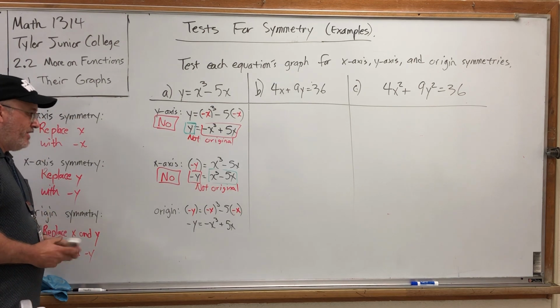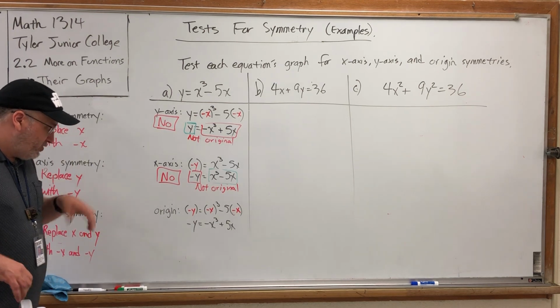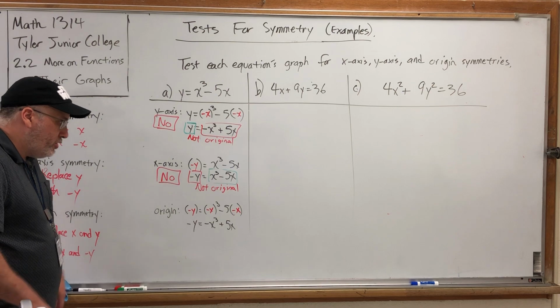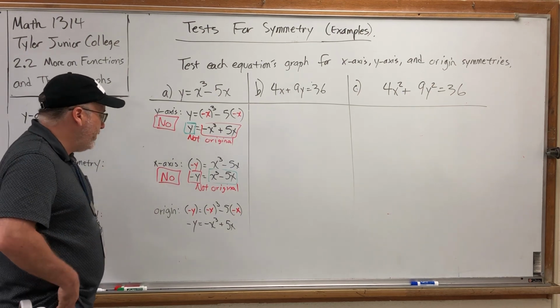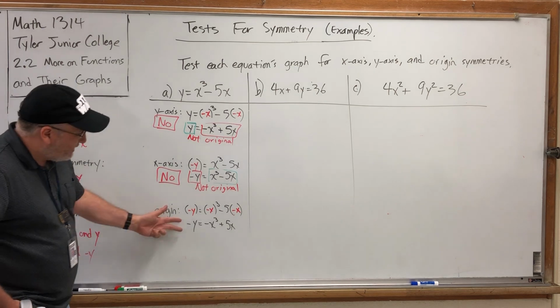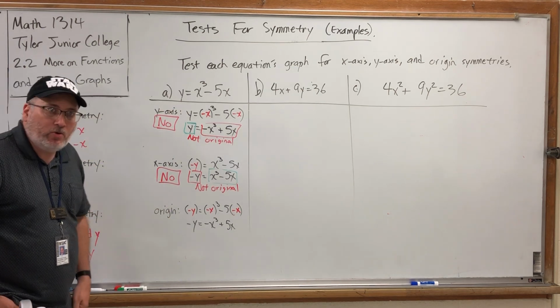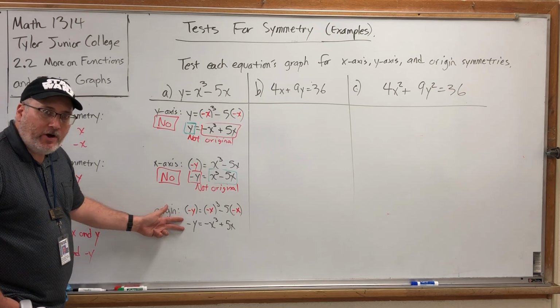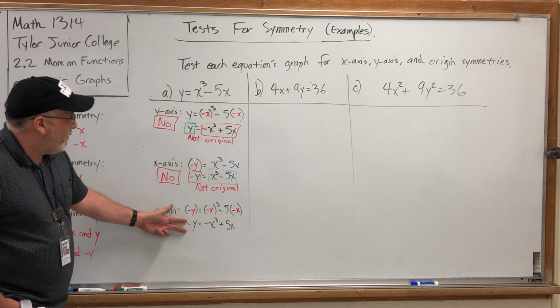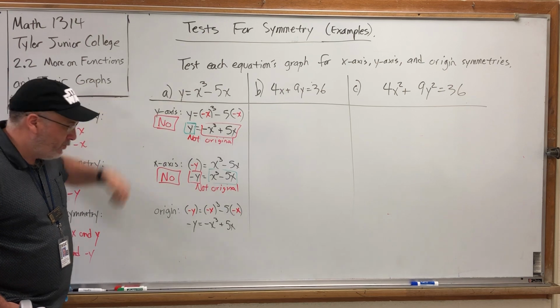But neither side matches originally. So sometimes, when you're not sure, you have to ask yourself, can I massage the equation and make it look like the original one? For example, can I make the left side of this look like it used to? Sure. How? What if I multiplied it by -1? If I multiplied negative y by -1, it would turn into positive y.